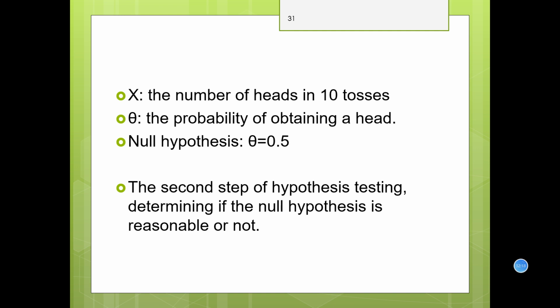So we use x to represent the number of heads, and we toss the coin 10 times. So x is the number of heads in 10 tosses. If we assume independence between tosses, then x is a binomial random variable.